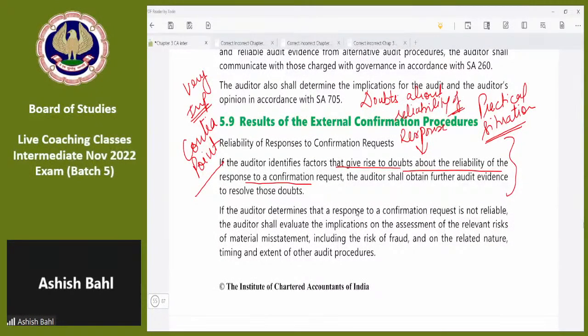There can be situations, we have known some cases where companies have been able to produce fake certificates from banks also.